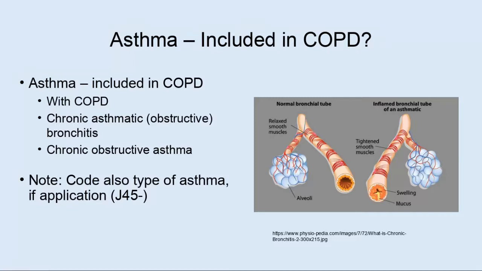Asthma is included in COPD when it is documented as with COPD, chronic, and obstructive. If the patient has COPD and asthma, you code the COPD from J44 and a code for the asthma from J43. Contrast this with bronchitis, which uses only one code for both the COPD and the bronchitis.